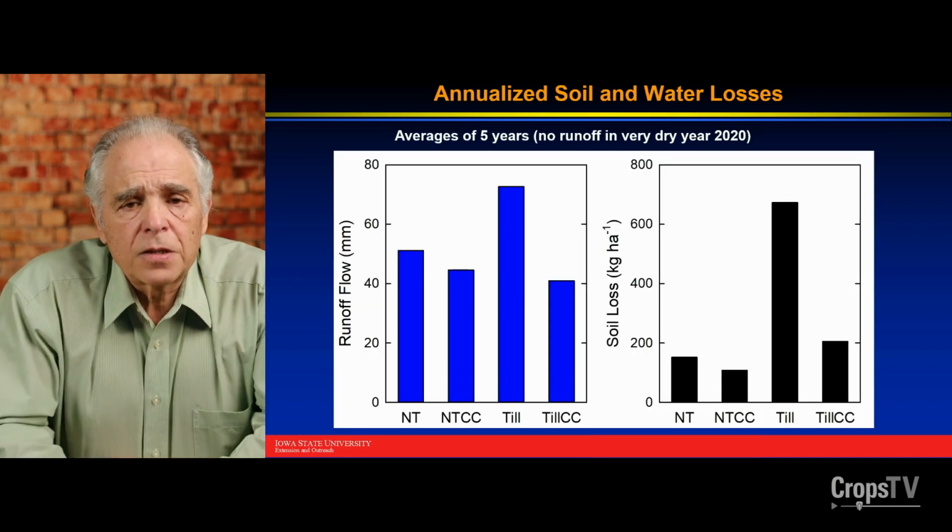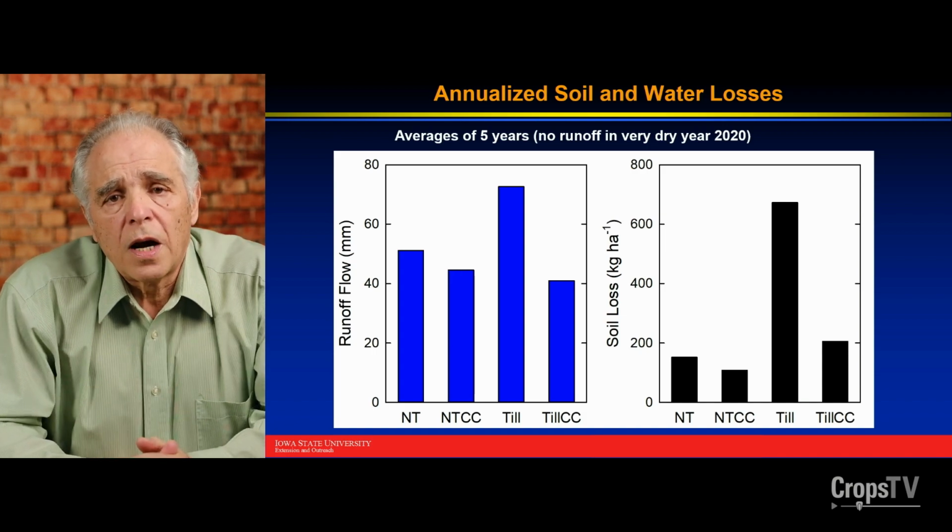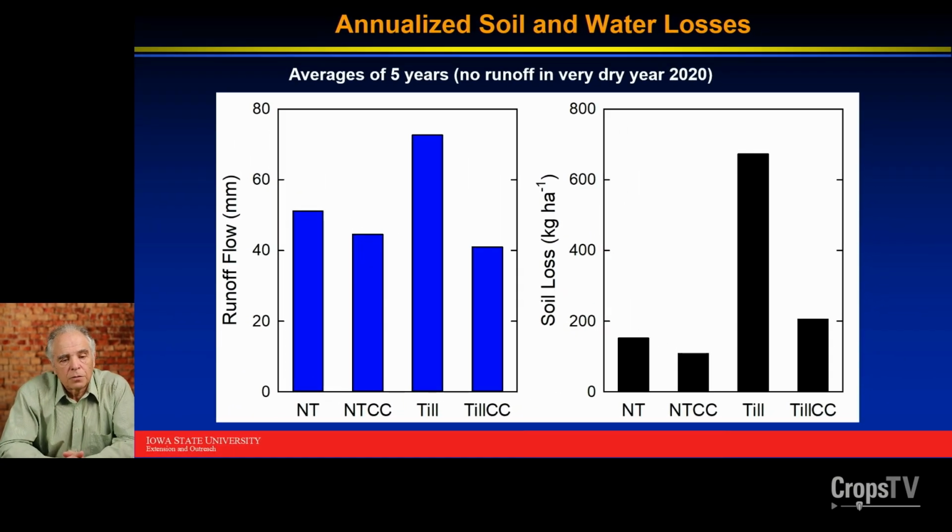So this is the average of 5 years because there was no runoff in 2020, it was a drought. This is the runoff flow, the amount of water loss, in blue, and on the right is the soil loss. The only clear thing there is that with tillage we have much more flow, okay, and much more soil losses. Then there are some minor differences between no-till and no-till with a cover crop.